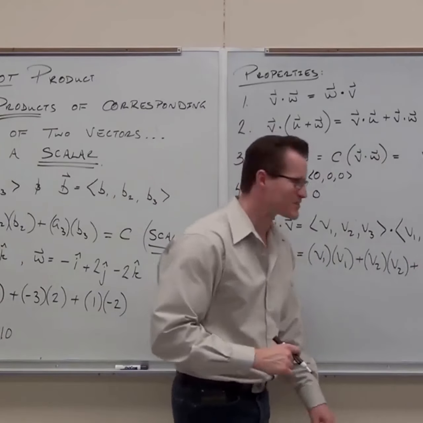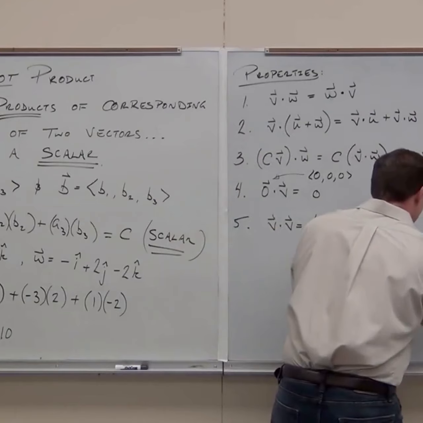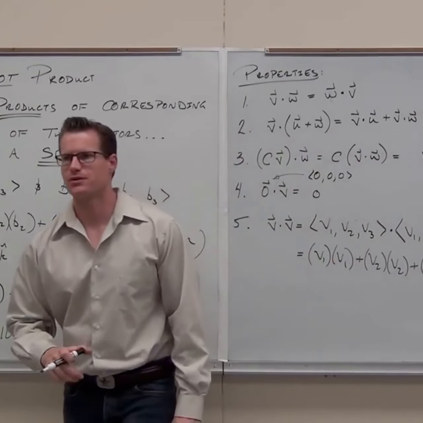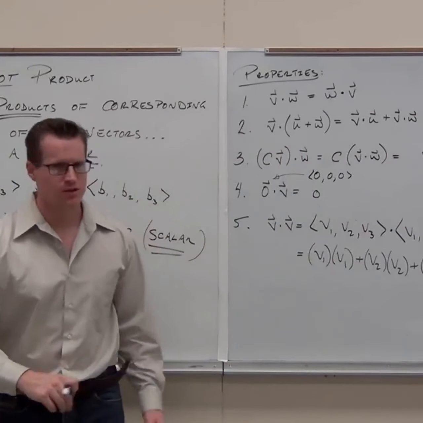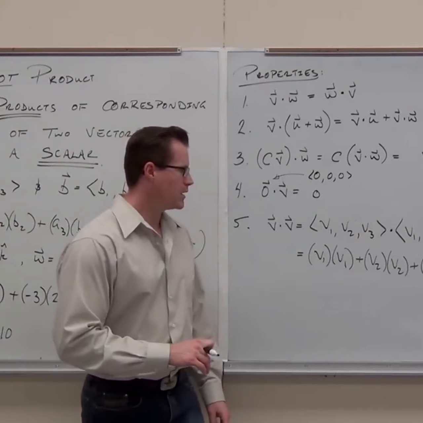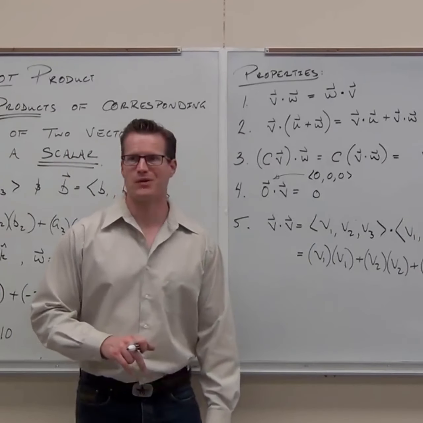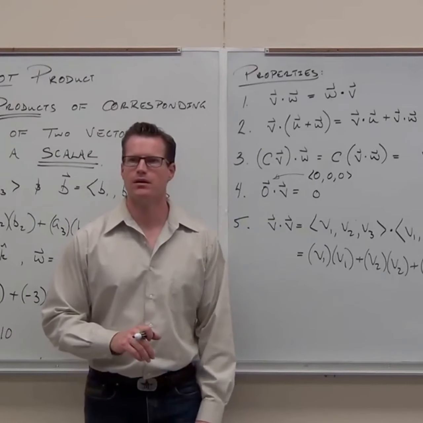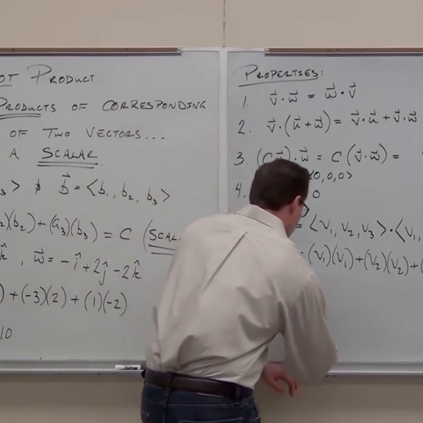I'm guessing you know the last one. True or false, that's going to give me a vector? What's it going to give me? Just like every other time a dot product works for us, it's going to give us a scalar. That's right. But wait a second, there's more. How else could you represent V1 times V1? V1 squared.